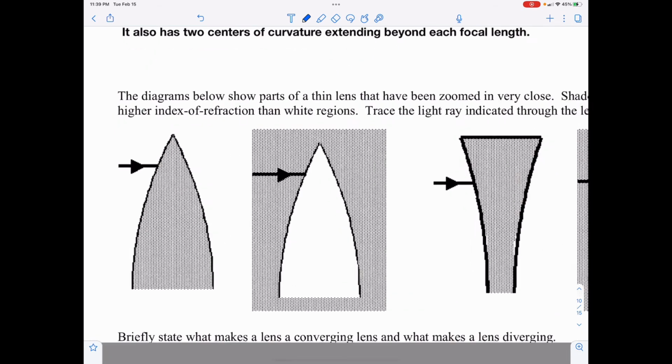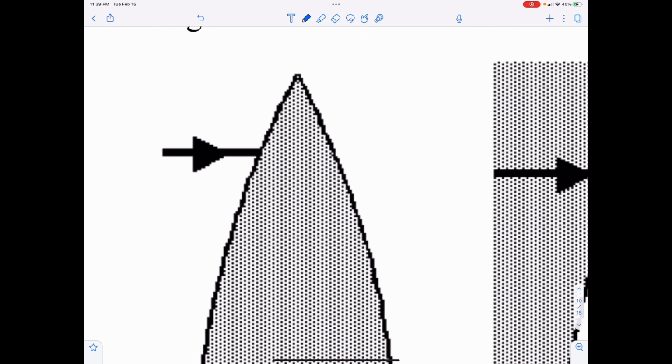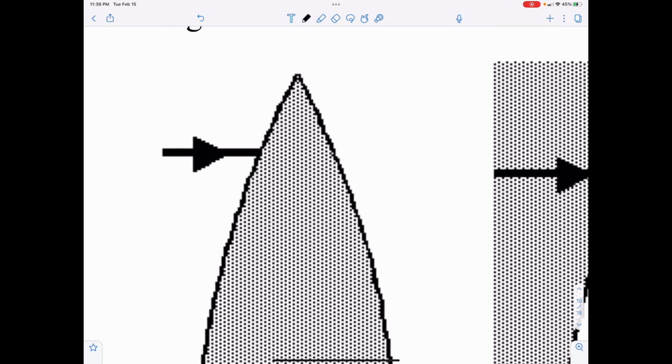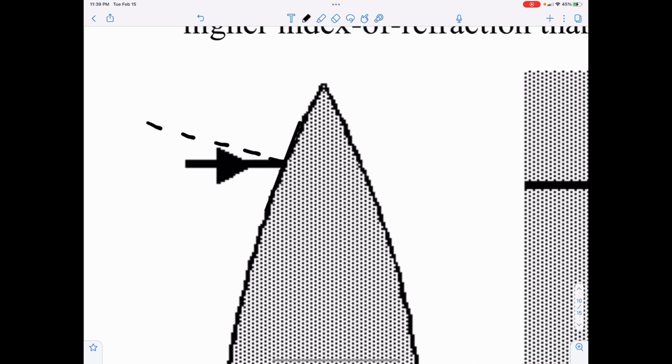What I'm going to do is draw a kind of tangent line, so to speak, right there, and then draw a normal to that tangent line. That would make this theta 1 coming in.